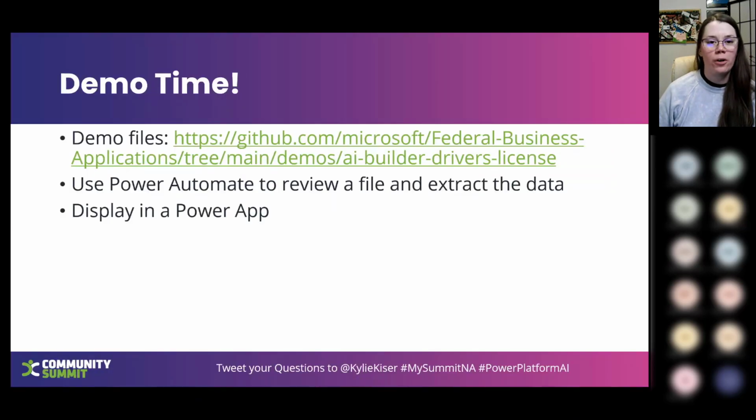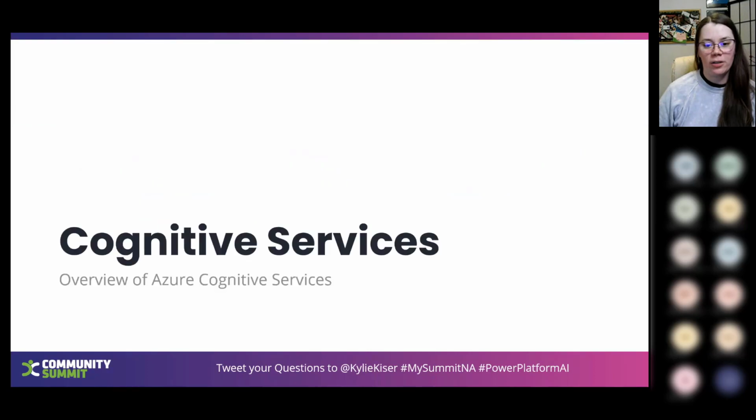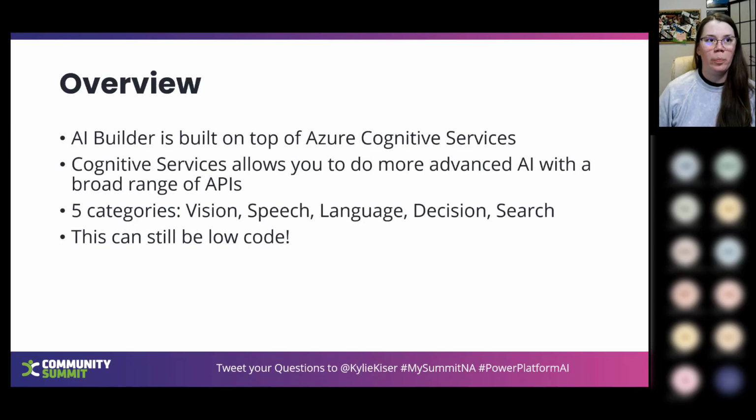So let's jump over and talk a little bit about cognitive services. I'm definitely not an expert on cognitive services, but it's pretty cool. AI Builder is built on top of cognitive services, so the less technical people like me can use AI Builder, which is using all that cognitive services stuff behind the scenes.